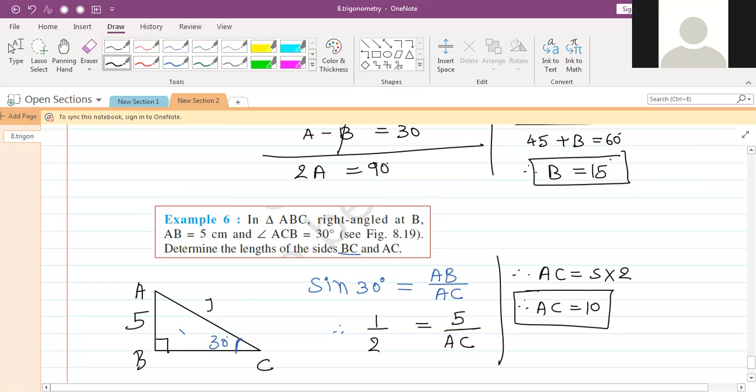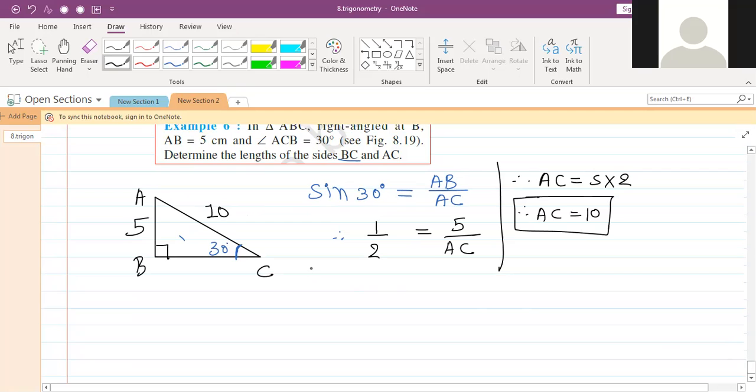Now BC we can find by two different methods. Either I use cos 30, or we can also use cot or tan. Any one we can use, but the final answer is the same. Otherwise we can use Pythagoras. Suppose here I use cos 30.